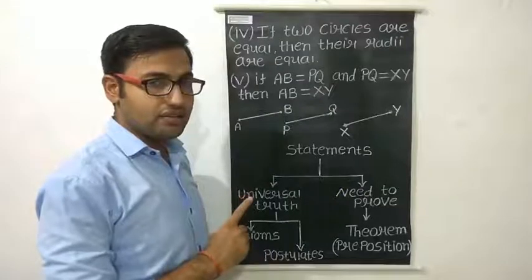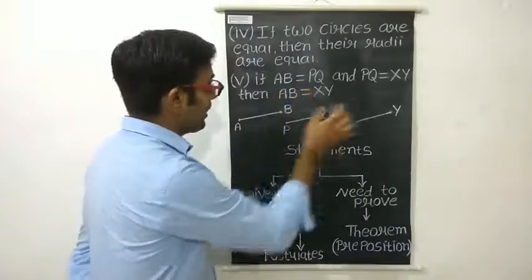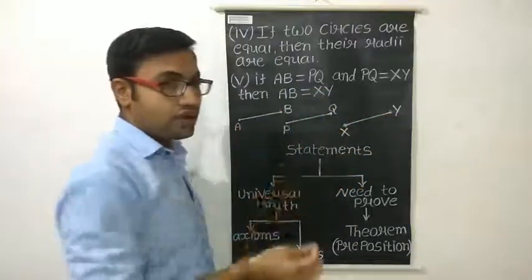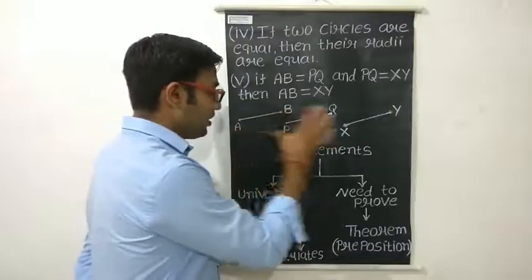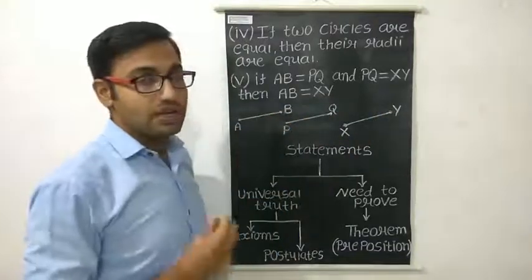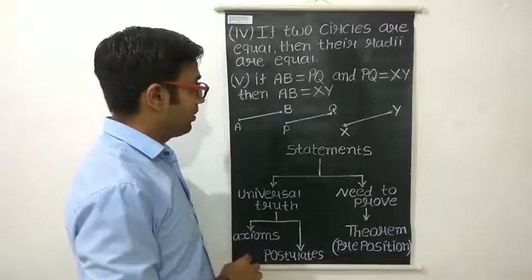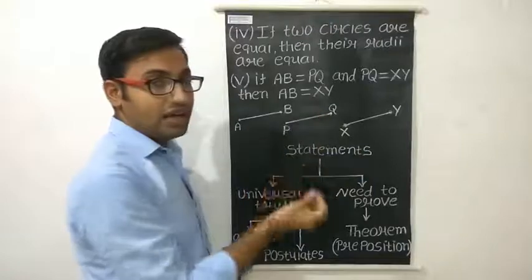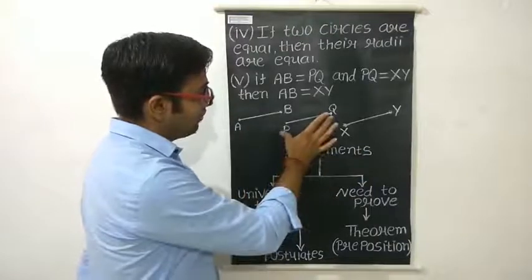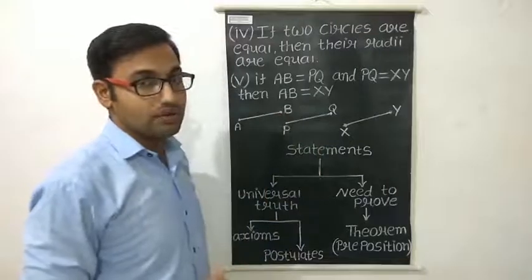Is it correct? Yes. See, both AB and XY are equal to PQ, so AB and XY must be equal. Remember, we have studied in the axiom that if two things are equal to one thing, then both must be equal. Right?